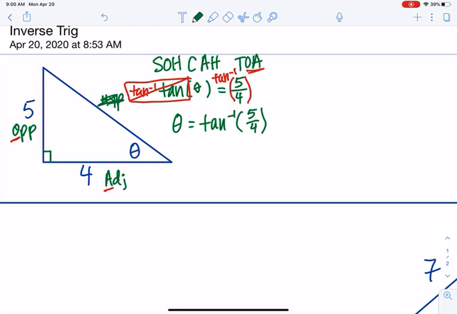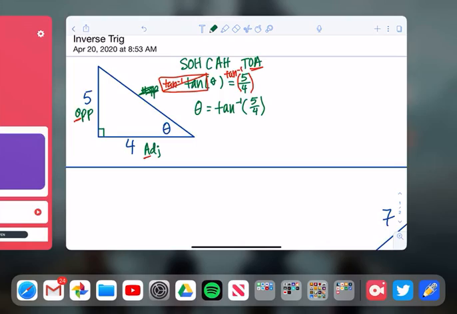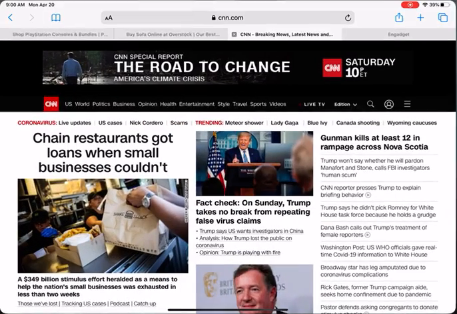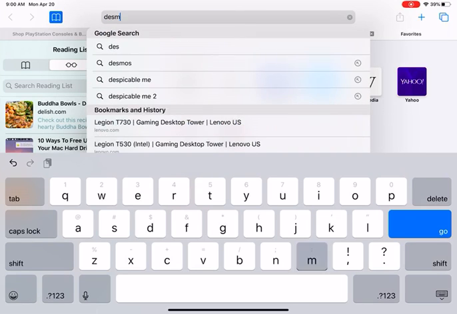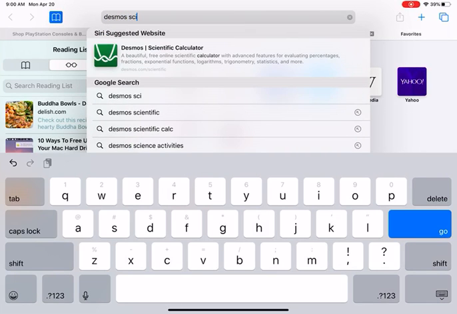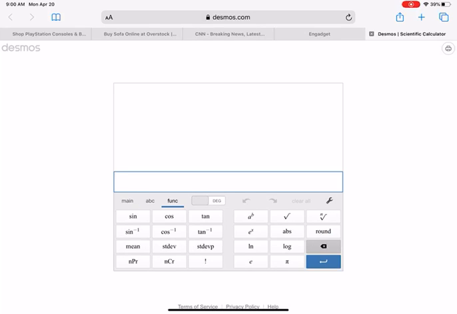So we're going to type that in the calculator. And actually, I am just going to pull up our Desmos calculator here. Desmos Scientific. That's the one we want. So we have sine, cosine, tangent here. If we hit this function button, FUNC, now we see the sine -1, cosine -1, tan -1.